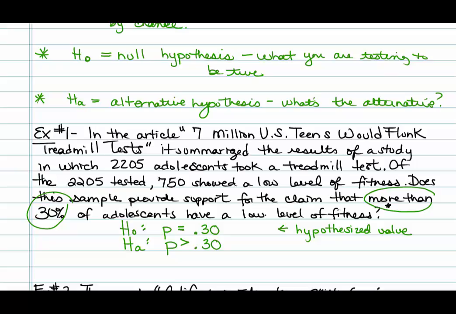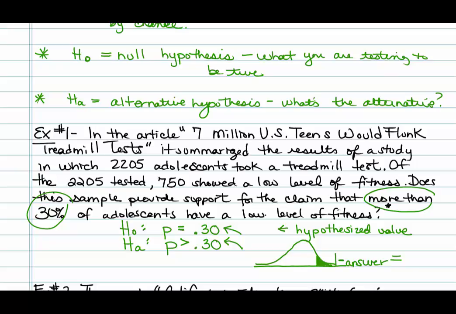Now, when we measure this, keep in mind we're going to be doing a z-score, and we're going to see where 30% lies and where the probability is, but we want to test more than. So the number that we want is going to be the top tail over here. So whatever answer we get, we're going to have to do 1 minus the answer to get the actual probability, to get what we call a p-value.